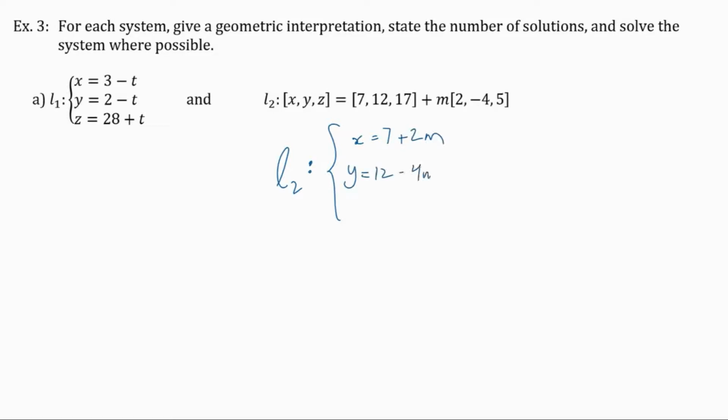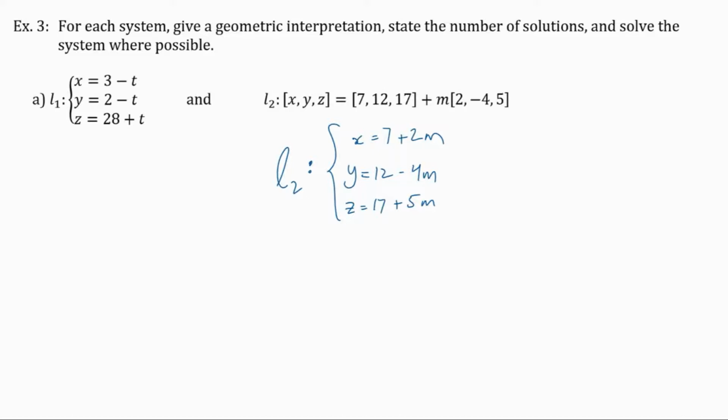Once I am good at this, it is trivial in that it only takes 4 or 5 seconds to rewrite that out in parametric form. And there's a good chance that I might want them both to be in parametric form, so that's done.